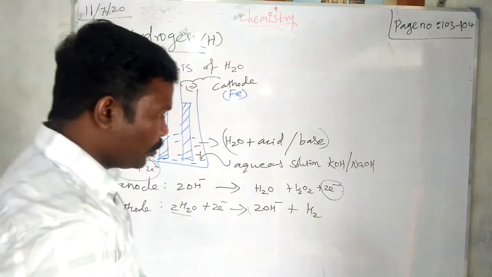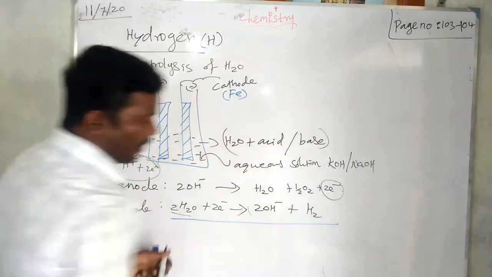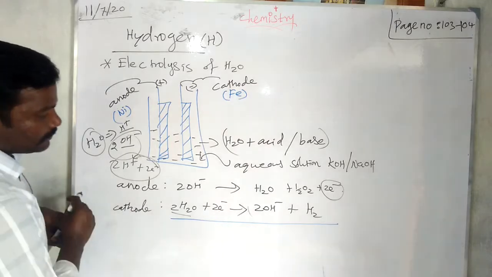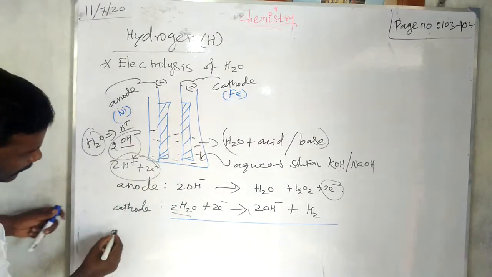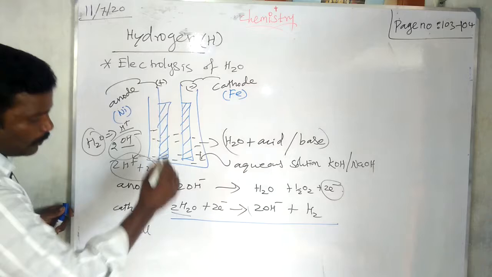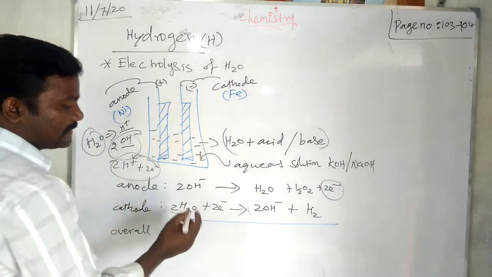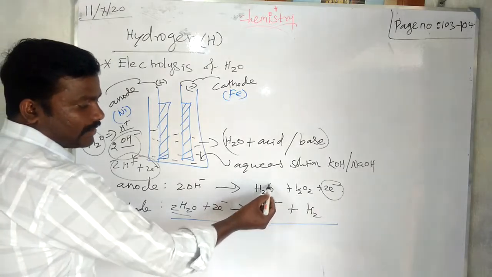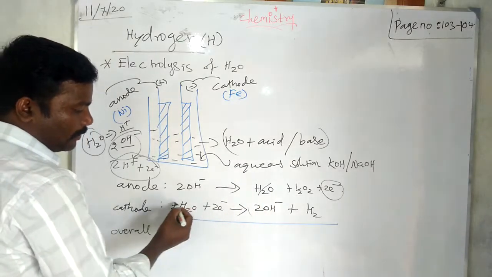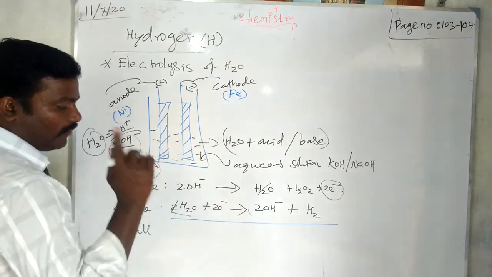So we can get the overall reaction. What is the overall reaction? It is the sum of these two equations. How will you sum them up? Listen, in the above equation there is 1 water molecule, here 2. So we can cancel 1 water molecule.